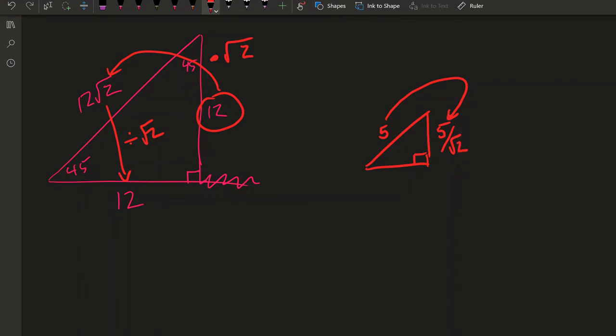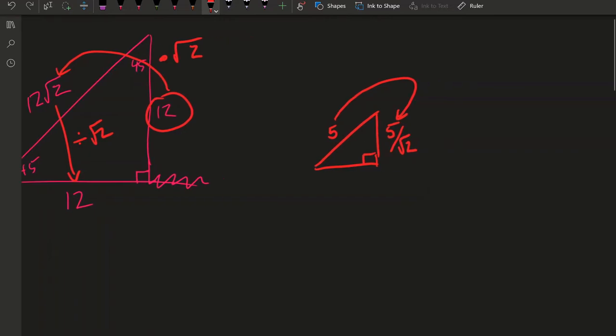Now, real quick, we're not allowed to end our answers with radicals in the denominator, so we have to do a quick little thing called rationalization. So if I have, I'm going to write this out a little nicer, 5 over the square root of 2, in order to make it so there's no radical in the denominator, I'm going to multiply it by the square root of 2, because the square root of 2 times the square root of 2 is the square root of 4, and the square root of 4 is 2.